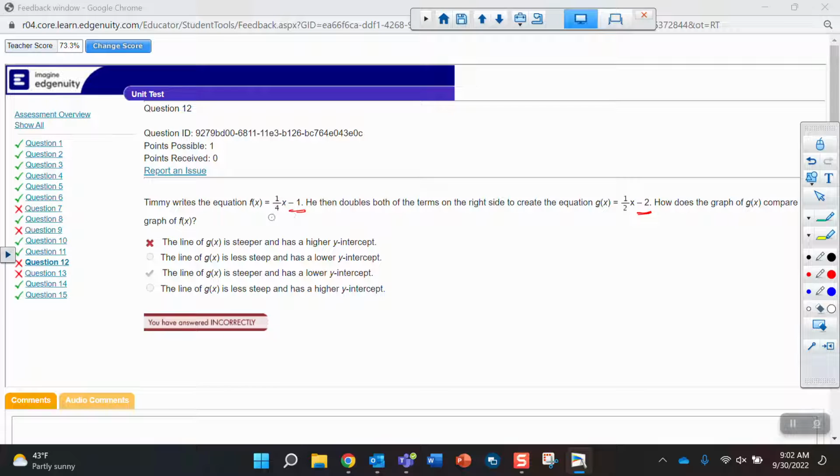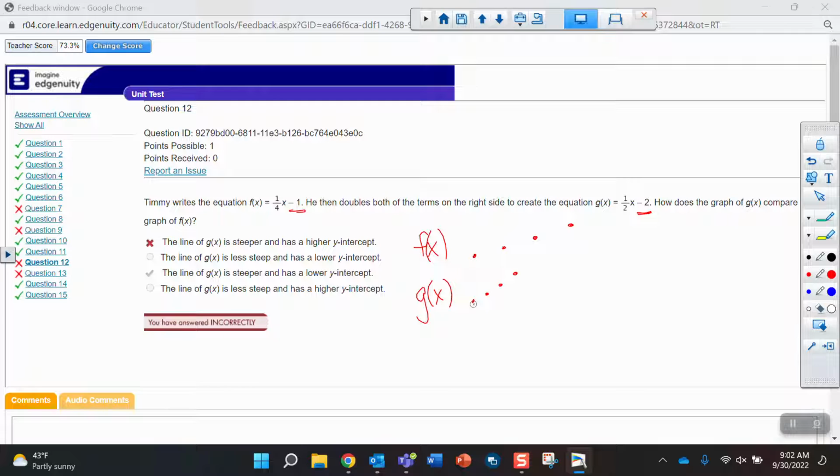And now let's talk about slope. Slope is rise over run. For f of x, if we start here, we would go up 1 and over 4, up 1 and over 4, up 1 and over 4. I'm just kind of estimating there. G of x has a slope of 1/2. So we would go up 1 over 2, up 1 over 2, up 1 over 2.